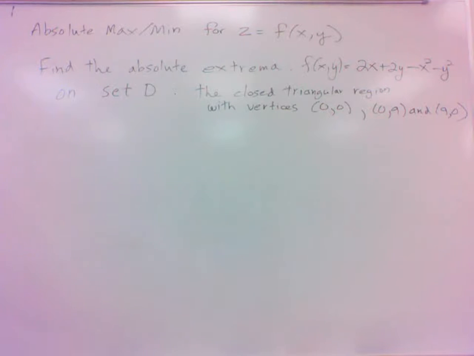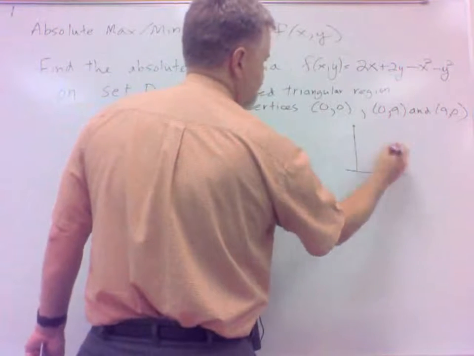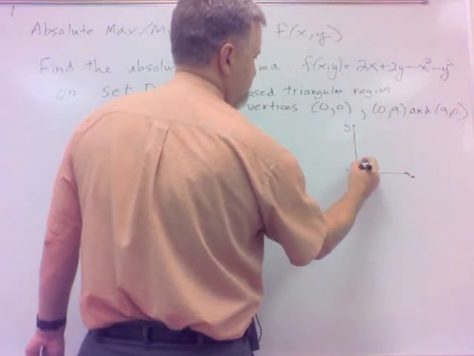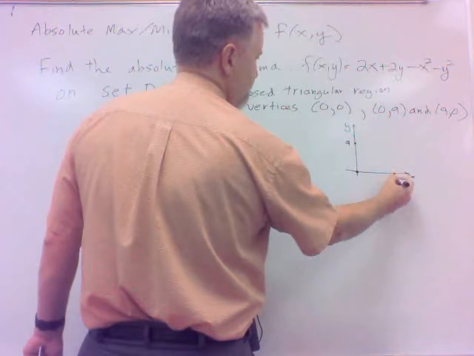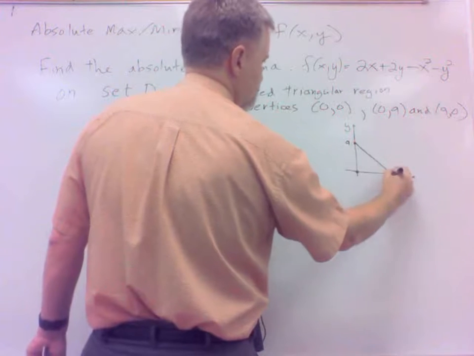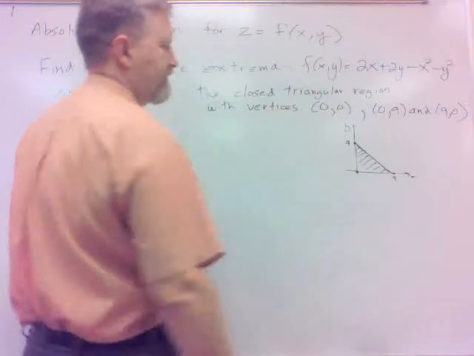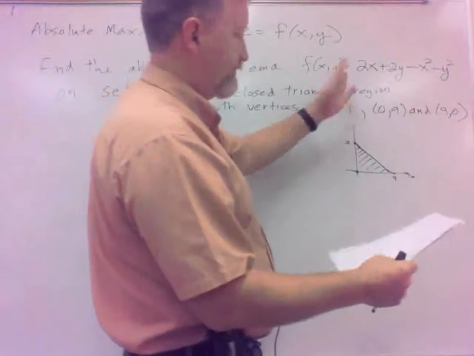Okay, and so if we just look at that region, here's what we're talking about: (0, 0), (9, 0), (0, 9). So that's the region we're bounding this by.